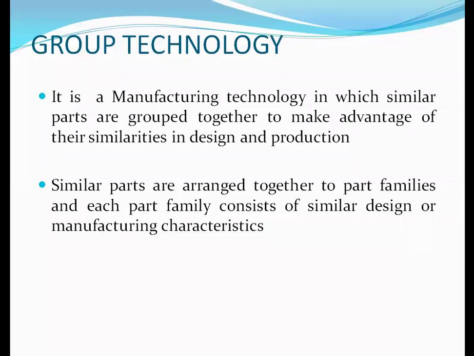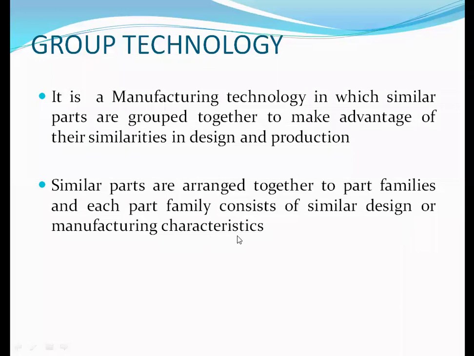The components which are to be turned are grouped together as one part family, and those which are to be drilled are grouped together as another part family. So in group technology, the parts are arranged into part families, and each part family consists of similar design or manufacturing characteristics.